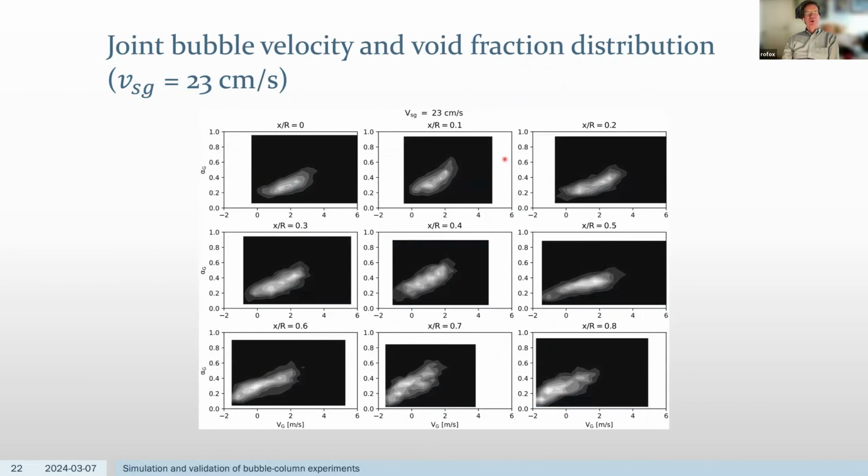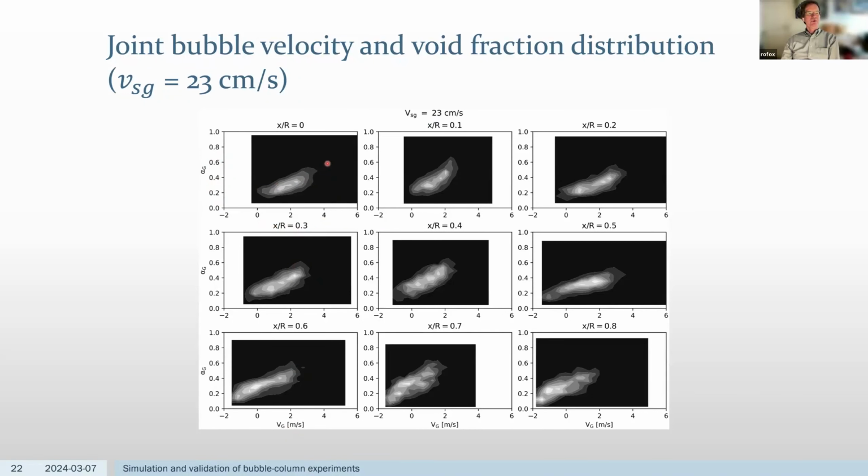Okay. One thing that we were very interested in doing is comparing the joint distributions between the bubble velocity and the void fraction. So in the literature, up to the Grenoble paper, the DFM paper in 2023, we never had any data that gave us correlations between the local volume fraction and the gas velocity at the same location.